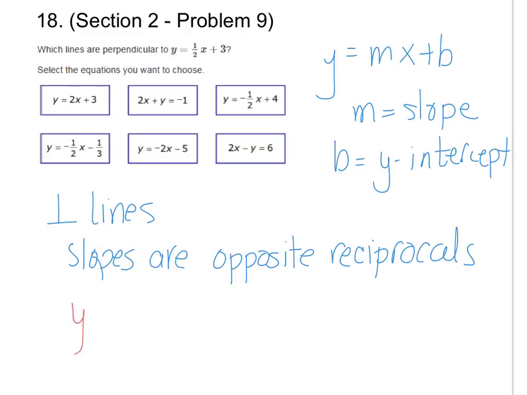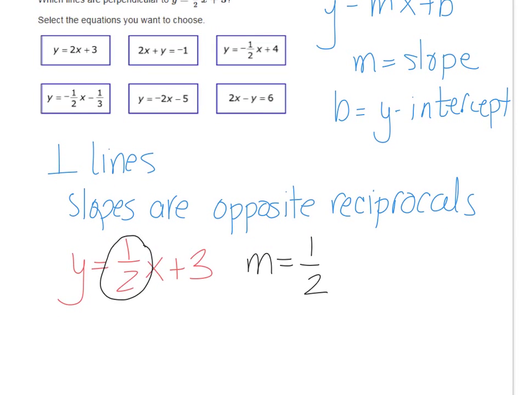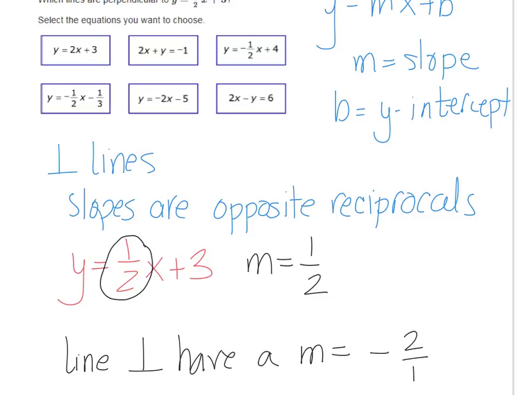So the given equation is y equals 1/2 x plus 3. So I can see here that the slope is 1/2. So if I want a line that's perpendicular to this, a line perpendicular will have a slope that's equal to, it has to be the opposite of 1/2, so it would have to be negative, and reciprocal means I'm going to flip it, so it would be 2 over 1, which is the same thing as -2.